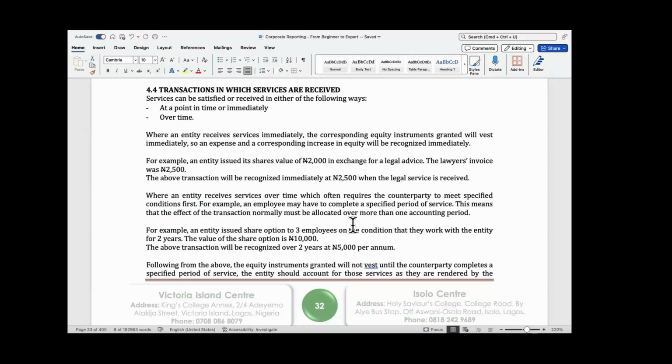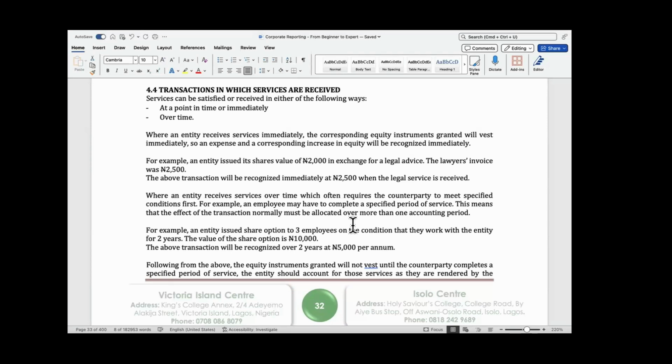Because it's not all the employees that will actually vest or that will be there when the equity instruments will become granted or will vest. So at the end of each year, you need to know, okay, how many employees will be there when these things mature or when we are supposed to issue these shares to the employees.